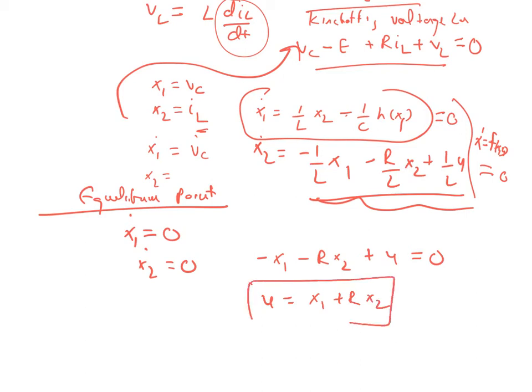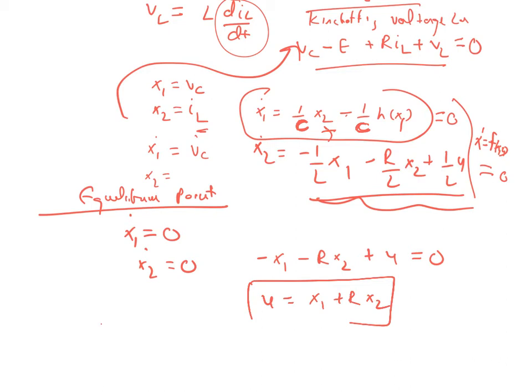Now from here, I think we can solve for x2. Sorry, there is a typo here. There should be c here, both c. Okay, so from there, what will be my x2?